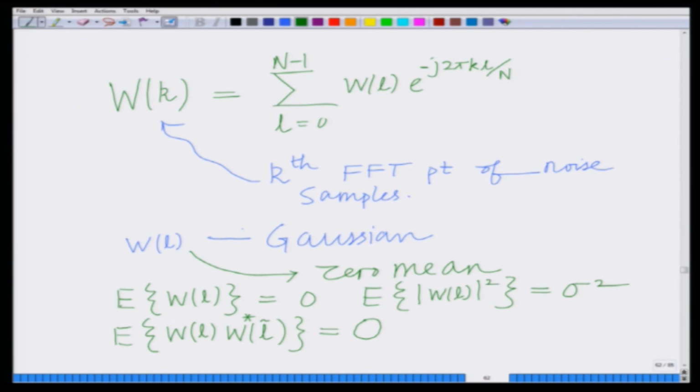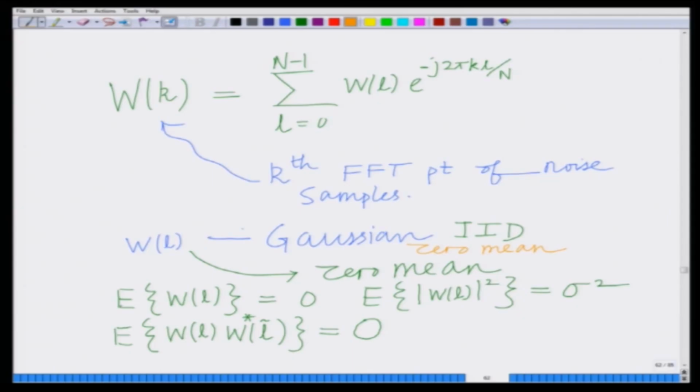So the noise samples small w0, small w1, up to small wn minus 1 are IID, independent identically distributed Gaussian, and they are zero mean.